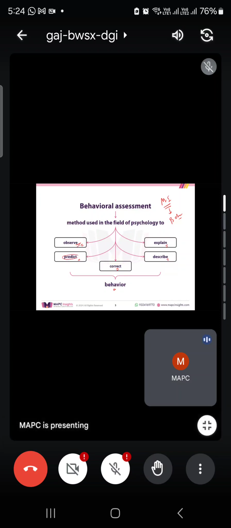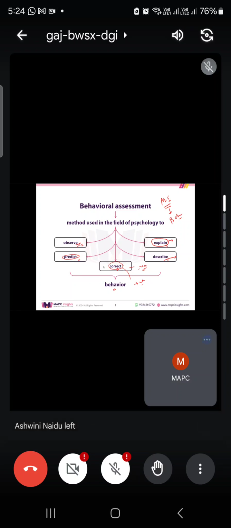Sometimes we predict the behavior. Sometimes we explain the behavior, why the person is behaving in this particular way, what the reason behind that is. Description of this behavior. And if behavior is negative, we need to correct the behavior to the positive. So these are the various methods.